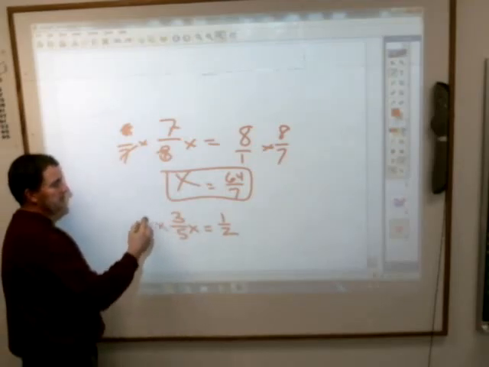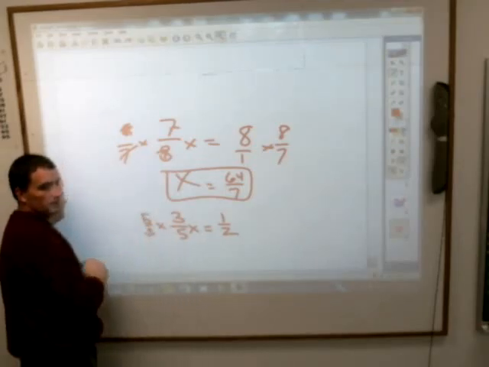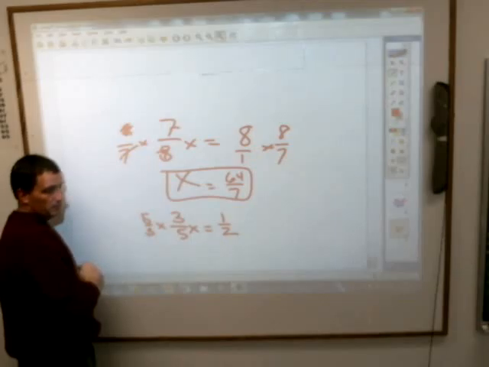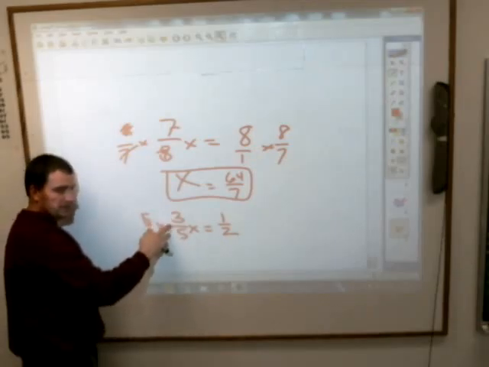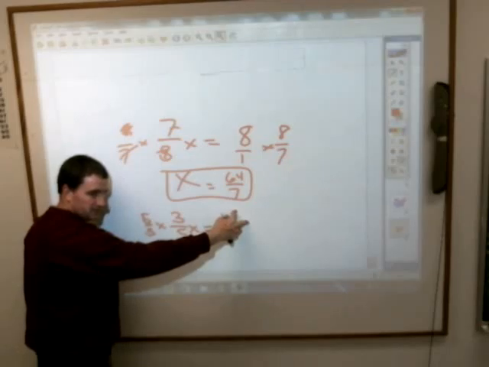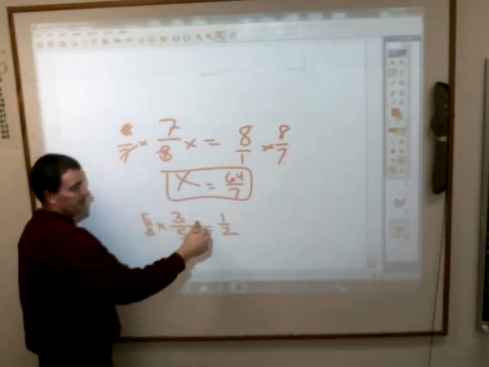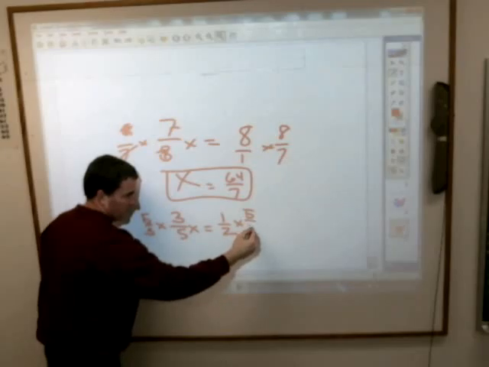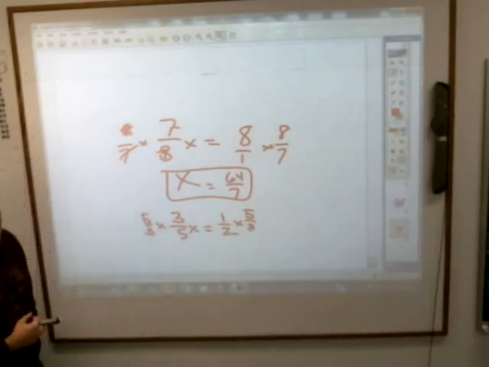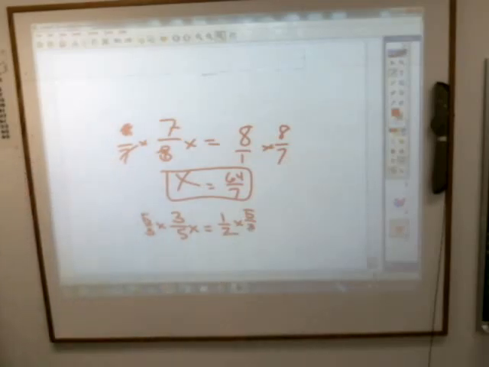I multiplied this side by 5/3. But why don't you multiply that side by 2? Because whatever I do to this side, I have to do to that side. And what I did here was I multiplied by 5/3, so I have to multiply this by 5/3. That's just the way it works. Just accept it and enjoy it, children. Don't question it.